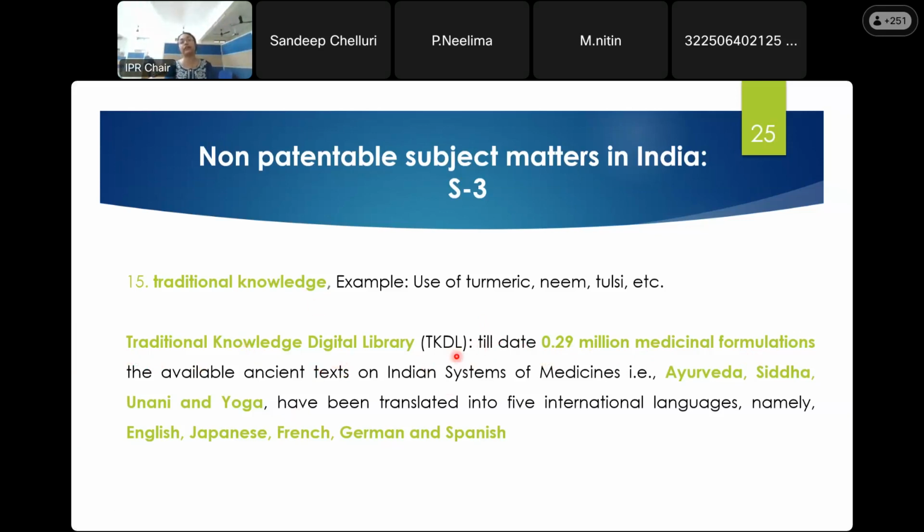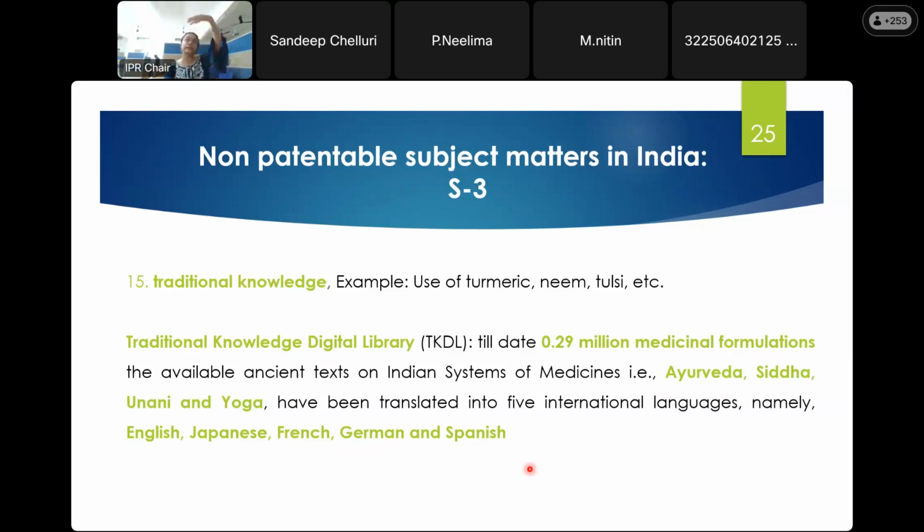We call it TKDL. Okay, this is another question. What is the full form of TKDL? A lot of different medicinal formulations, like Ayurveda, Siddha, Unani, Yoga, have been translated into international languages like English, Japanese, French, German, and Spanish, and these are now available to the patent offices.